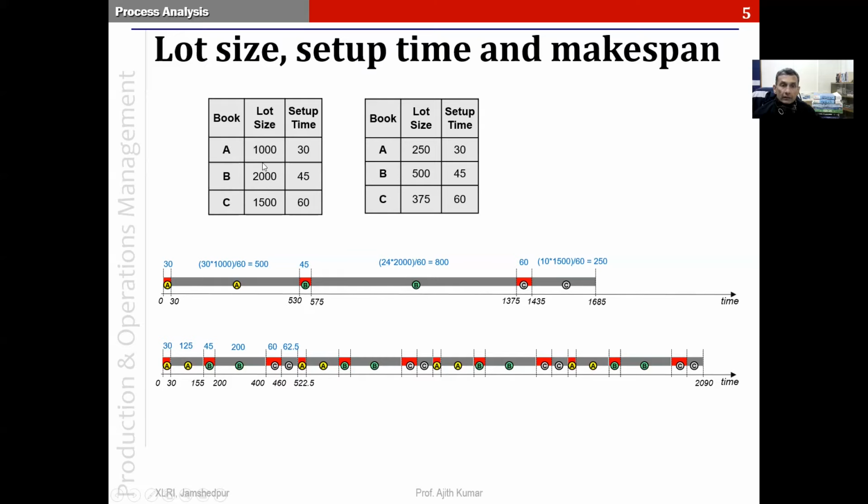Similarly, the lot of A and the lot of B, 1000 and 2000 units, the two big lots had to be finished before the first unit of C could be made available. But now B is available as soon as the first lot of A of just 250 units, which will take 1/4 of this time, is completed. So B can start now being available to meet the demand earlier than it happened in the first scenario.